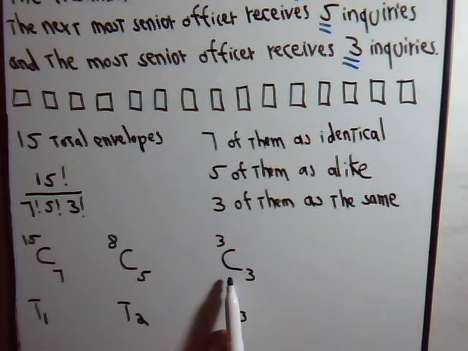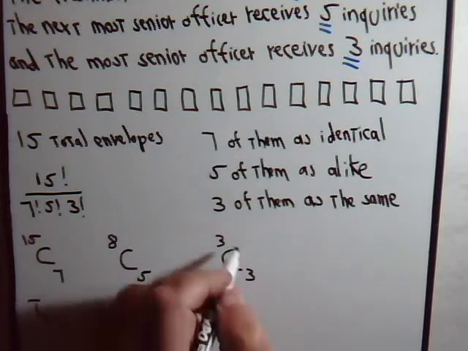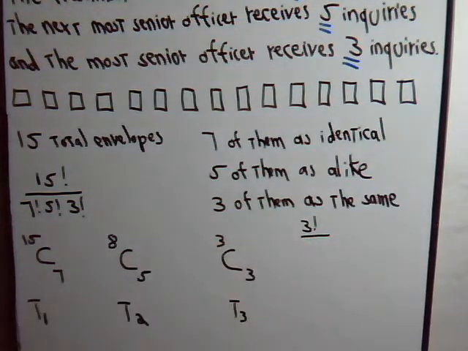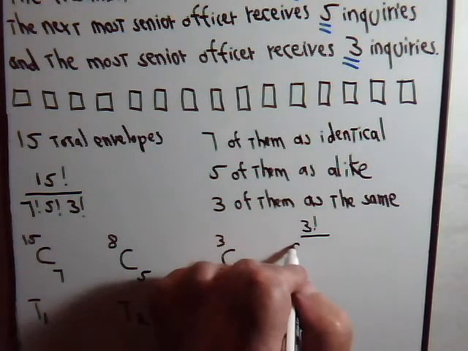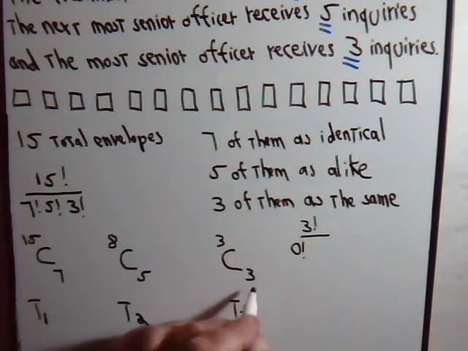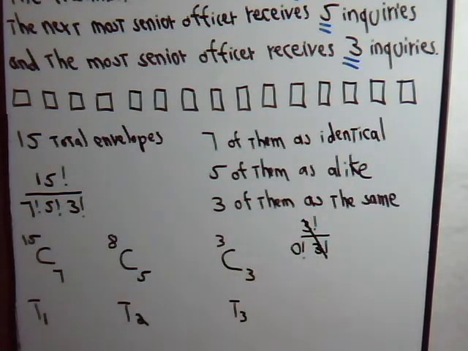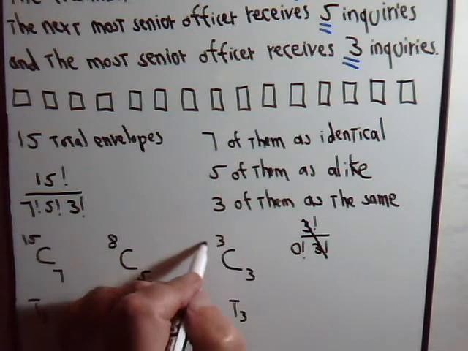Or if we want to look at this more formally, you can see this is equal to 3 factorial divided by 3 minus 3 factorial, which is 0 factorial, times 3 factorial. That's 1, and we explained in a previous video that 0 factorial is 1. So this is just 1.